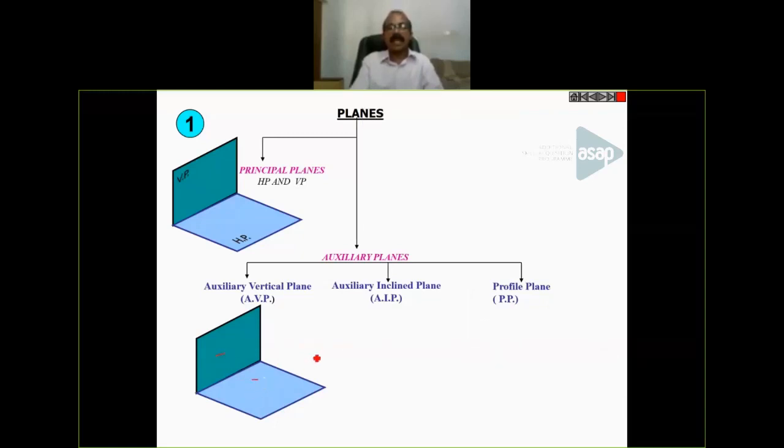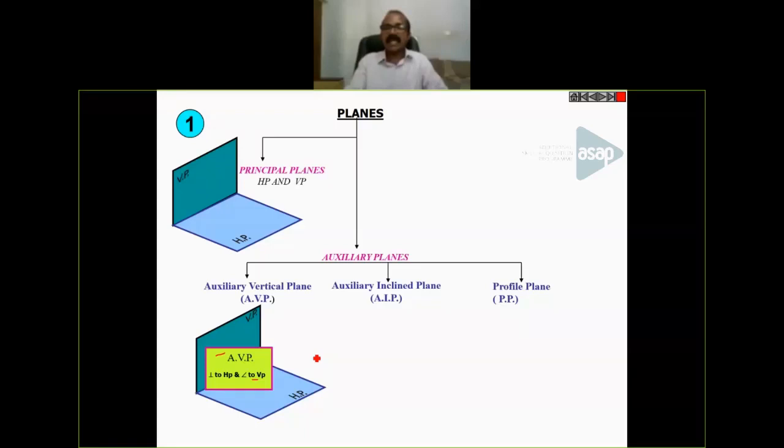Okay, and the auxiliary vertical plane means it is a plane inclined to the vertical plane. So that's why it is called the auxiliary vertical plane. But it is perpendicular to the horizontal plane. It is perpendicular to the horizontal plane. So please identify the auxiliary vertical plane. Different auxiliary planes we have to study. First one is the auxiliary vertical plane, which is perpendicular to the horizontal plane and inclined to the vertical plane.